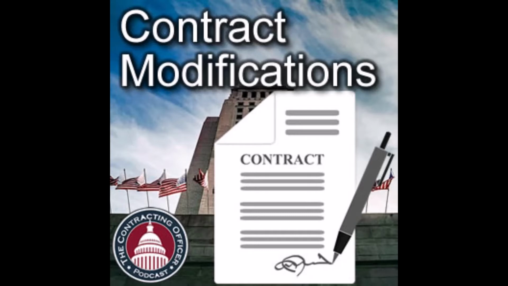That's not a modification. That's a delivery order, a task order. Yeah, and the idea is you're not changing the contract. You already agreed to this. Right. So the idea is that we all agree you're going to flip this switch. Okay, that's not a mod. So it's important to understand that difference, because once you've agreed to the government being able to flip this switch, when the switch gets flipped, you can't say, "Oh, well, I didn't know."